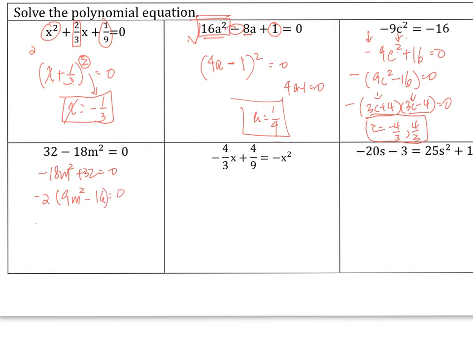Okay, and I can use the difference of two squares. And my two answers for m, negative 4/3 and 4/3.